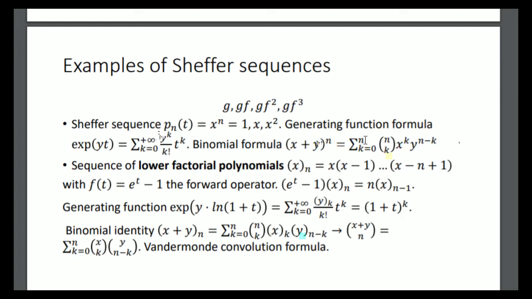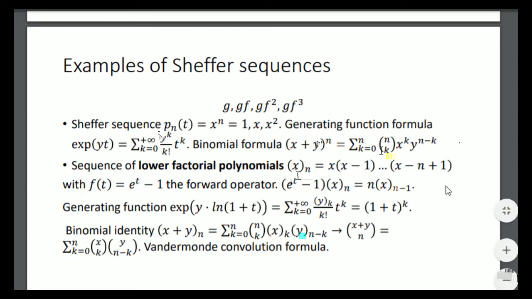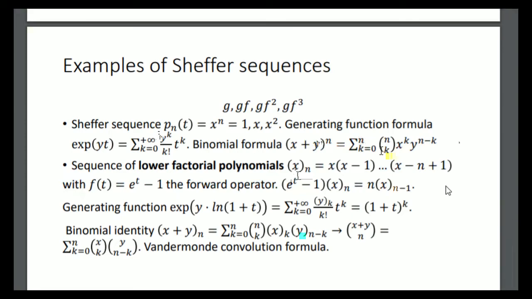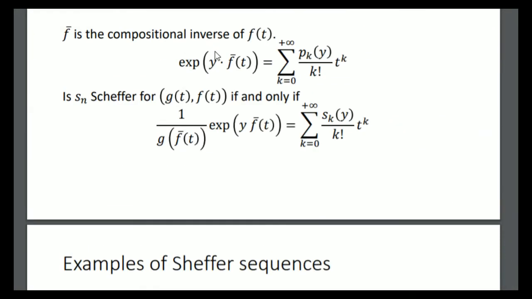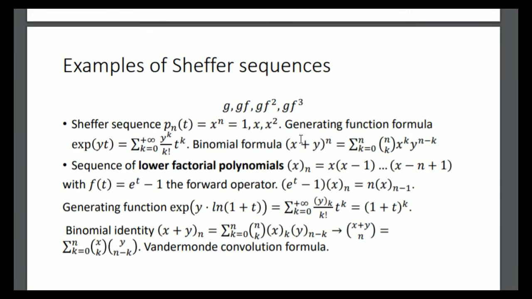If you consider the sequence of lower factorial polynomials with the forward operator, then if you apply it here, you have this recursive result. And when you apply the generating function formula on this one, you will find that exponential of y times ln of 1 plus t is equal to this.